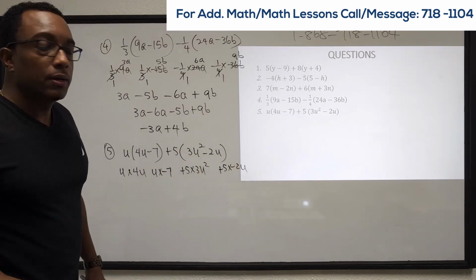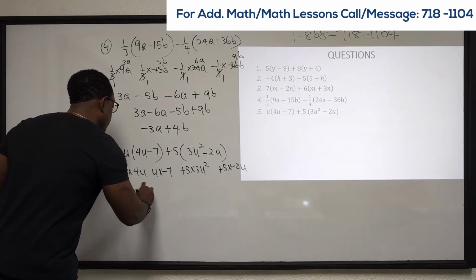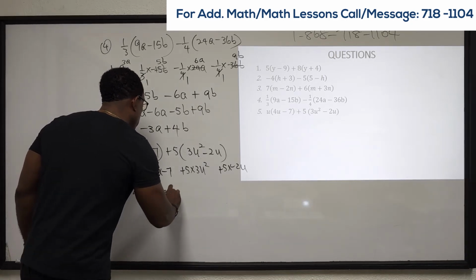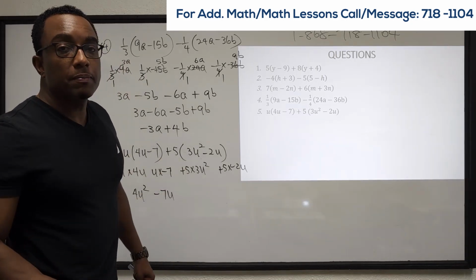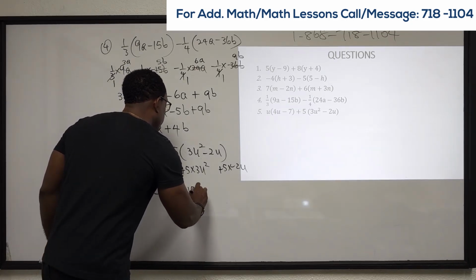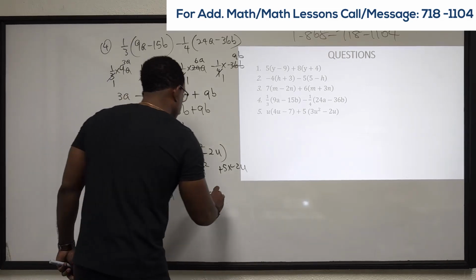So 4u by u will give us 4u squared. u by negative 7 is negative 7u, plus 5 by 3u squared will be plus 15u squared, and 5 by negative 2u is negative 10u.